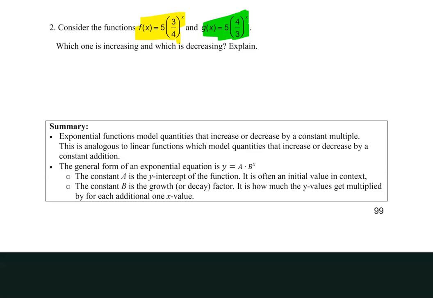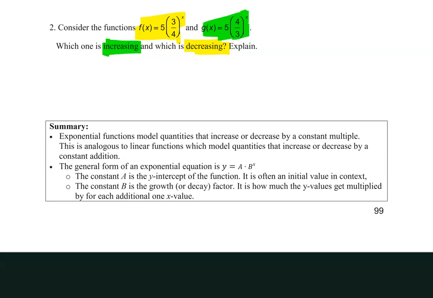You can try to use Desmos and just type this, and you will see if it's increasing or decreasing. So actually, when you type f of x equal to 5 times 3/4 raised to x, it's going to be decreasing, and g of x is increasing. But why?